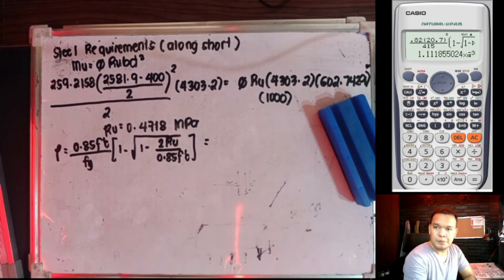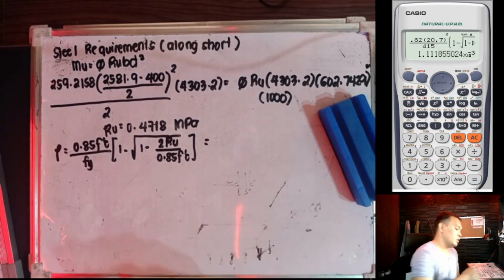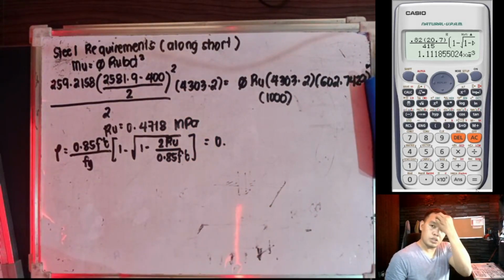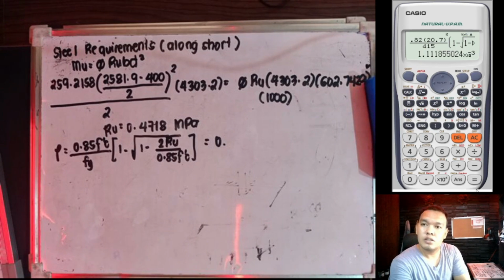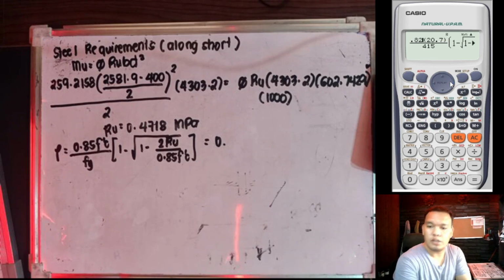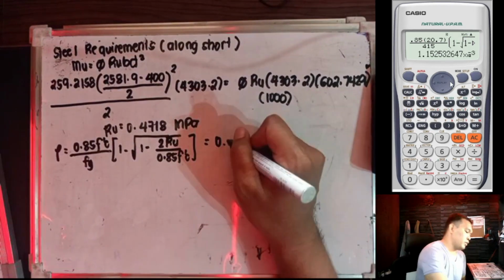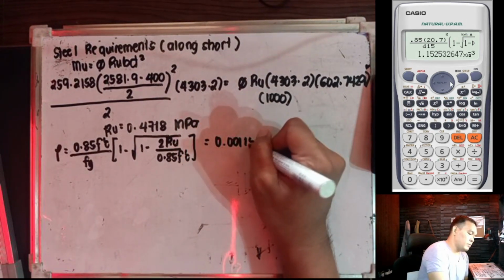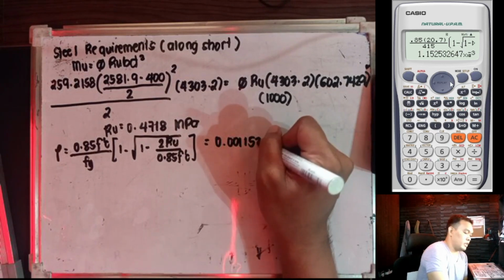So we have here 0.85 pala ta. Wait lang. 0.85. So we have here 0.001153.